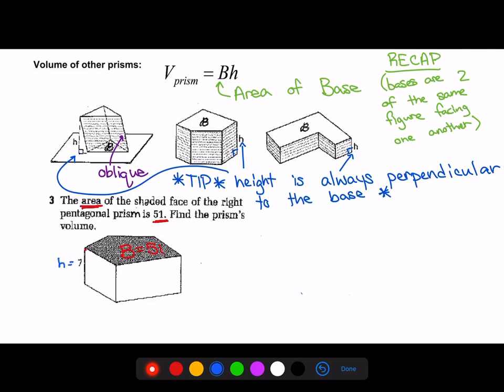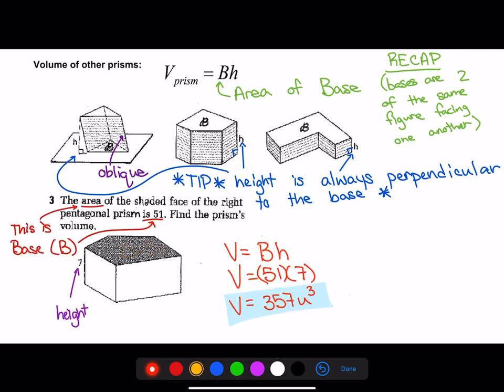So if I use our prism formula right up here, volume of a prism is equal to big B times H. We have volume is equal to 51 times 7, which will give us 357 units cubed. Again, we see that right here. 357 units cubed from multiplying the area of our base, big B, which is 51, times the height, which is 7. And that'll always be the case.